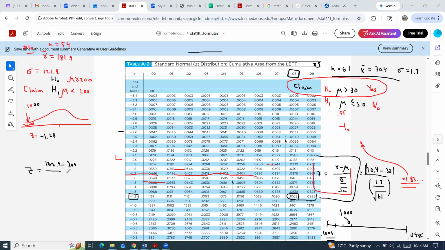Then I divide this by the standard deviation, which is 121.8, over the square root of the sample size 54. So our z-score is being calculated. That's why I decided to select this section, because we're already familiar with pretty much everything in it.